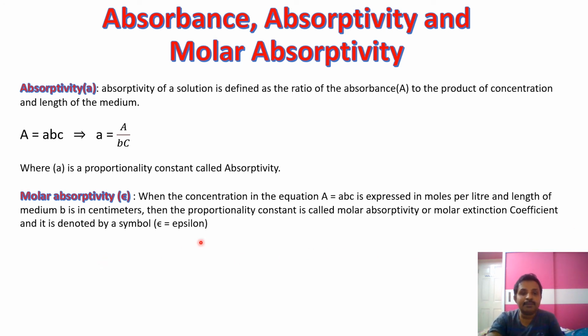It is denoted by epsilon, and the equation is A is directly proportional to epsilon bc, where b is the length of the medium and c is the concentration. Then molar absorptivity epsilon equal to A divided by bc, where b is the length of the medium and c is the concentration of the sample.